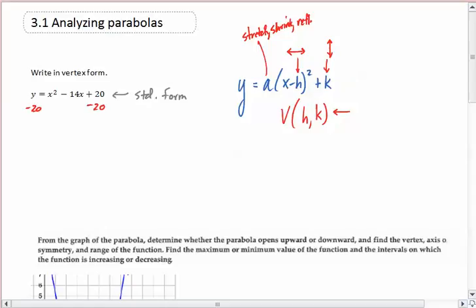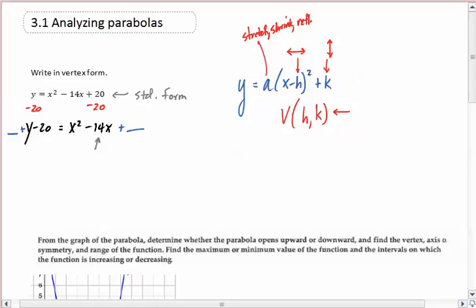The third term, we're going to clear it out, and so we get y minus 20 equals x squared minus 14x. Now what I've done is I've cleared myself a little spot so that I can put my own number in that third position. How am I going to get the number that I should put there?